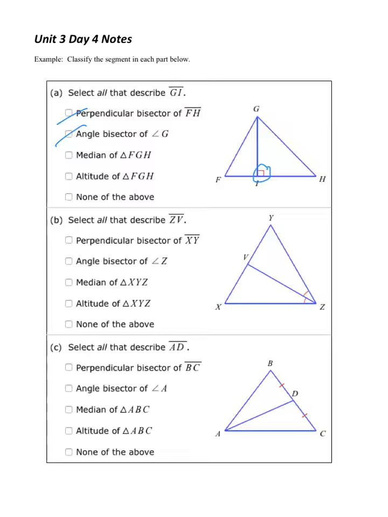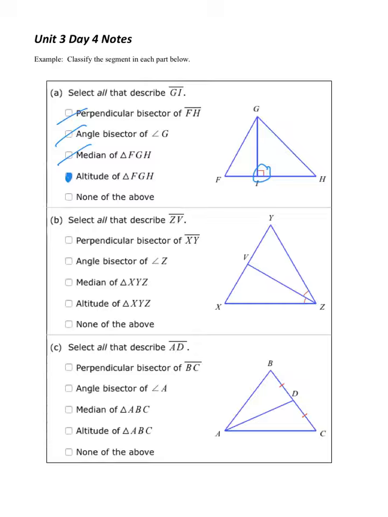Is it the median, the line from G bisecting FH? It is not. It is, however, the altitude. And I'll give you a hint. I have never yet seen more than one choice. It's rare at this point to see that. It can happen if you have an isosceles triangle, but we're not drawing those right now.